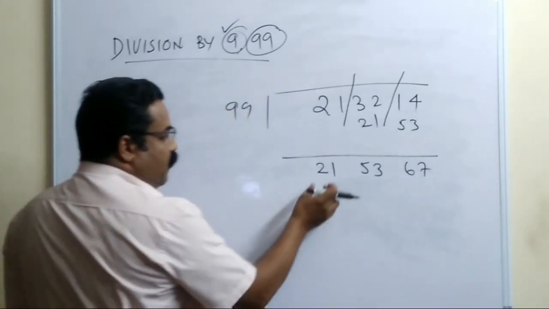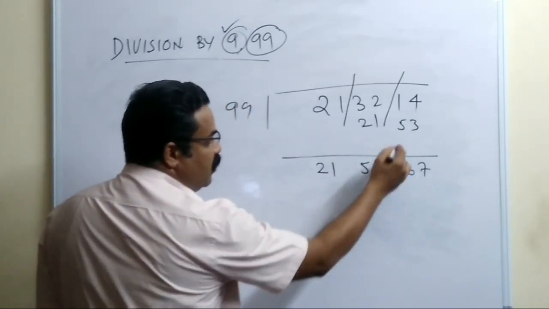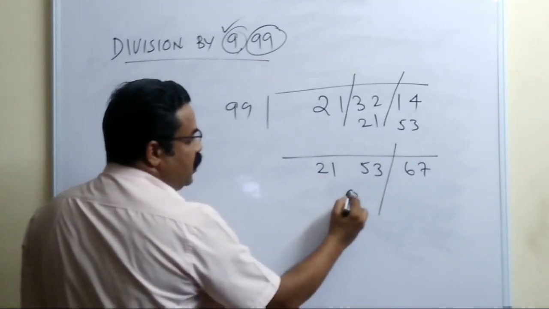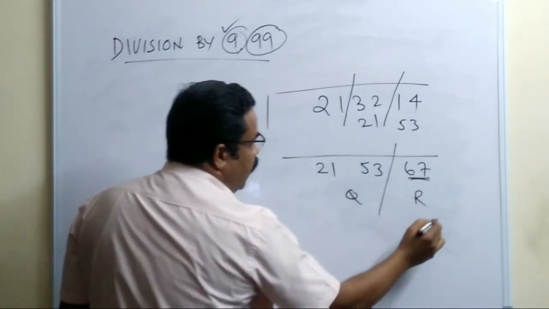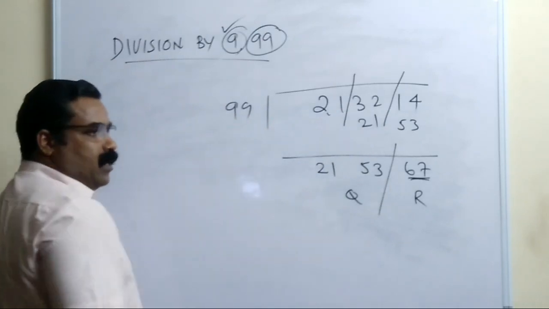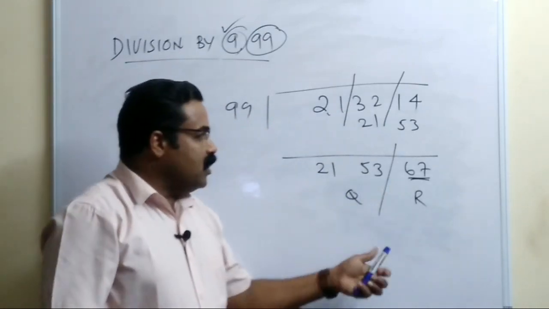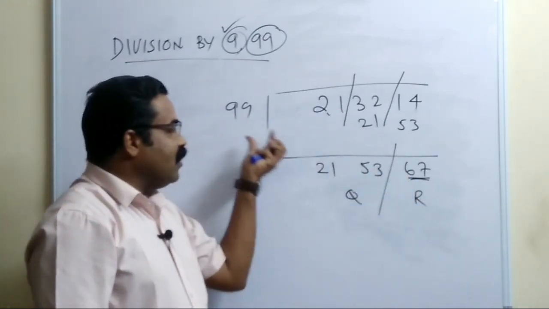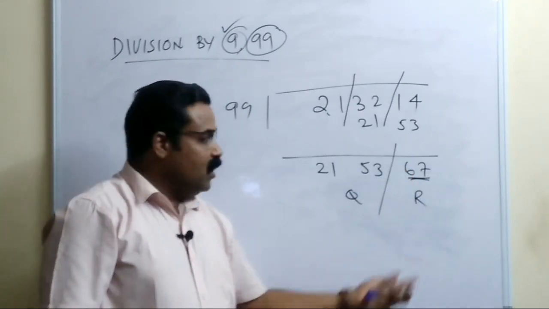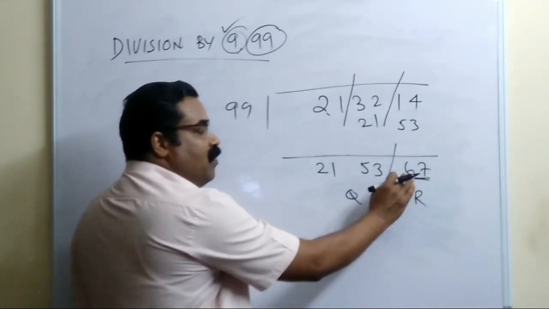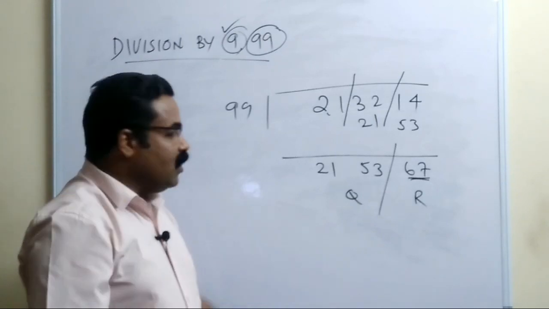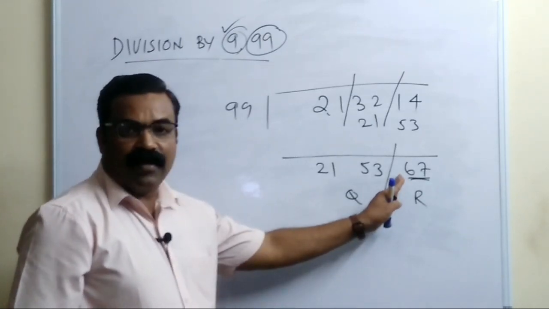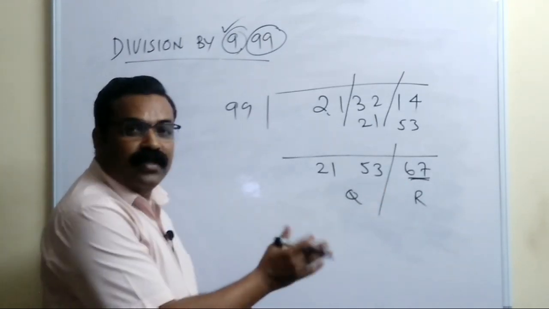Now the first two pairs will be your quotient and the last one will be your remainder when you divide this number by 99. Here it is easy because you got a remainder less than 99. So directly you can take it as a remainder. But suppose sometimes this number will be more than 99, more than 100. The last example we have seen it is equal to 117. In that case, the system is a little different.